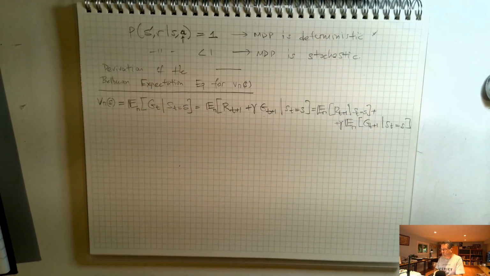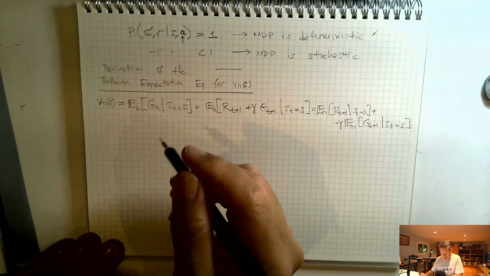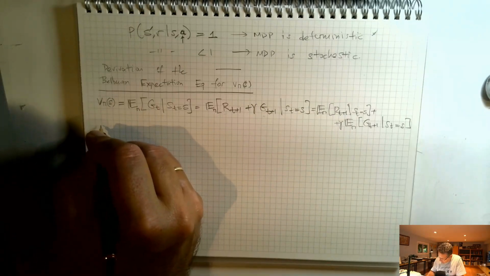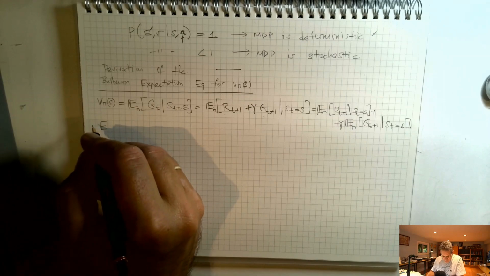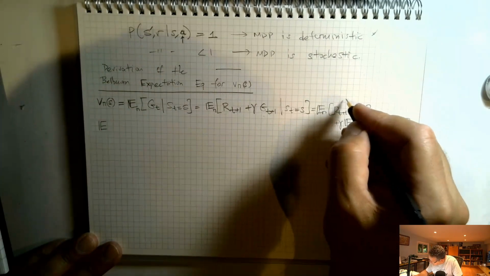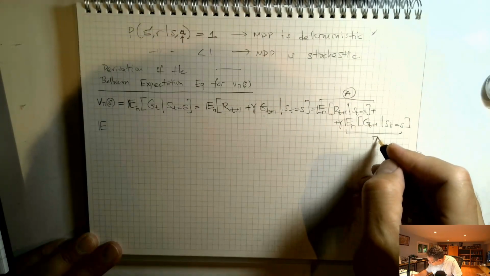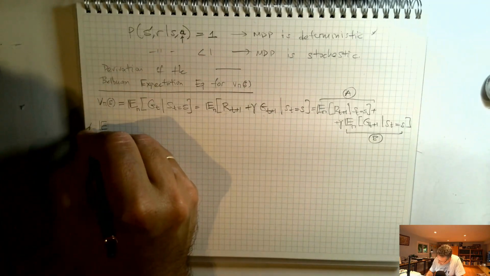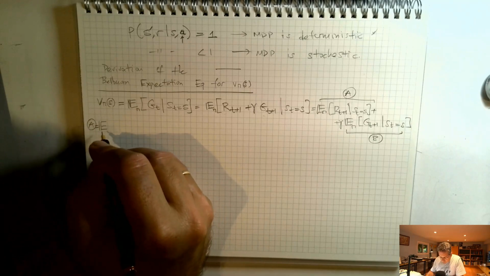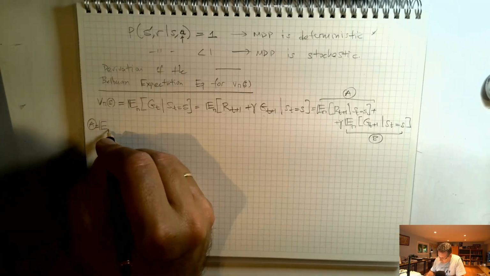So we will now take each of these terms and write them as follows. Let's call the first term A, and the second term B. So A can be written as an expectation over pi.